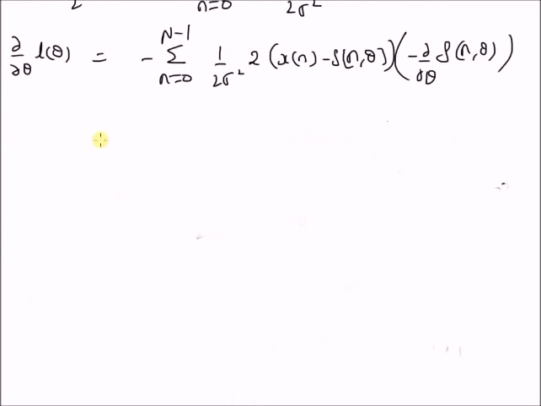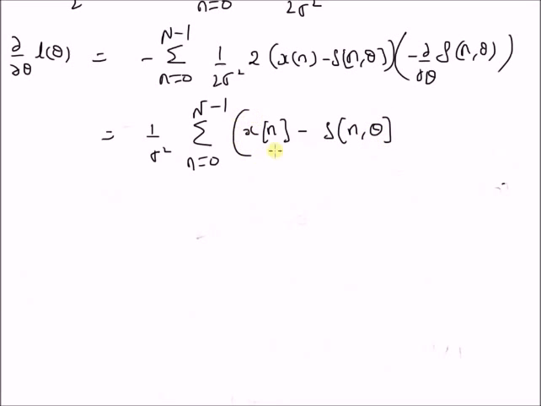So this equals 1 by sigma square summation n equal to 0 to n minus 1 x of n minus s of n comma theta into the first derivative of the signal component s of n comma theta. So this is the first derivative of the log likelihood function.